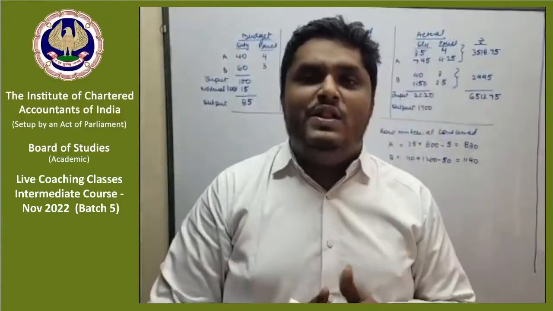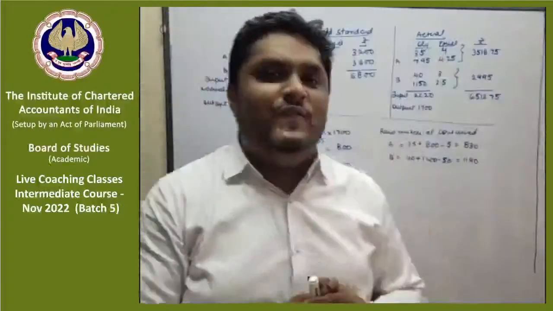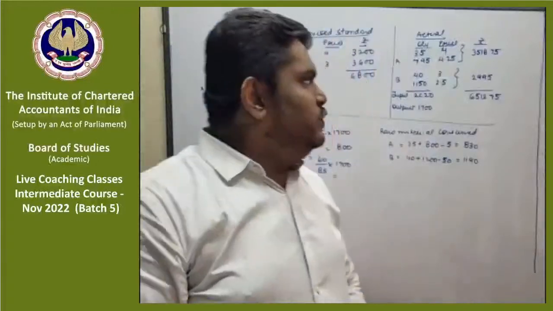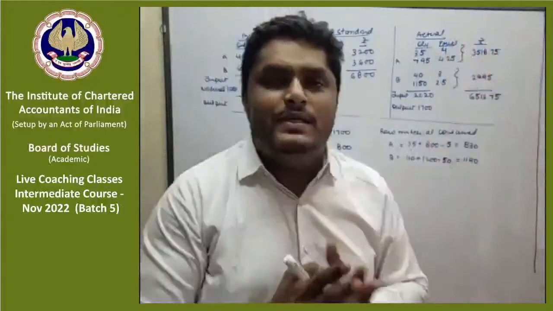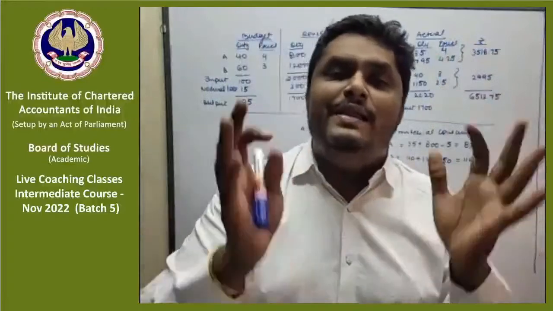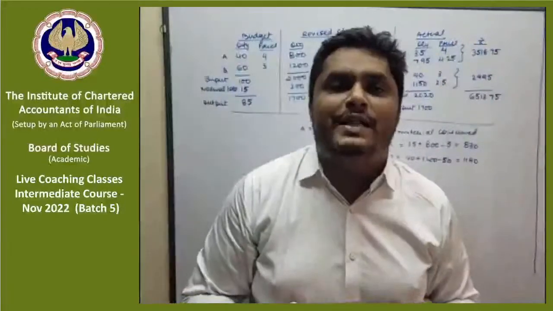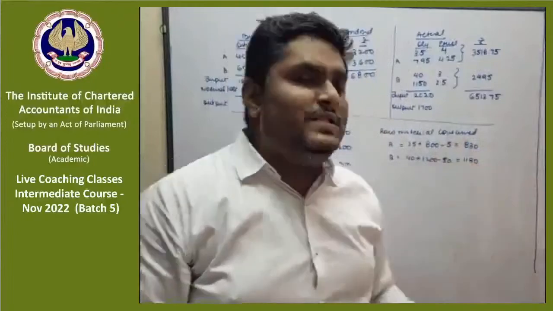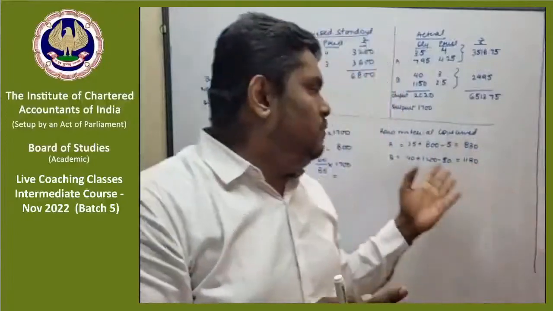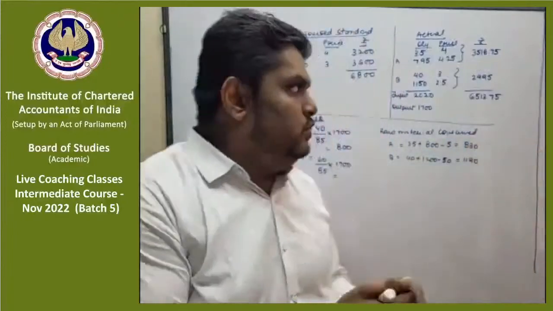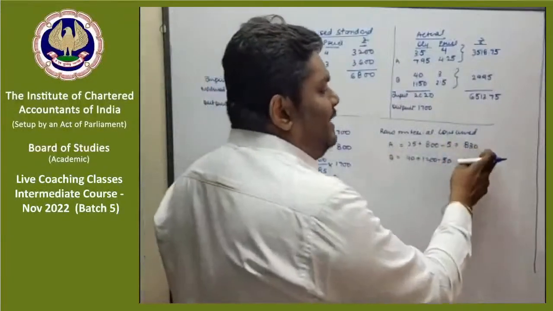So we are done with most of the work, that is preparation of table. Still a few students have queried why I have done this. Very important, guys, here the opening stock and closing stock details are given. So we have first calculated the raw material consumed. So total 830 units is consumed.